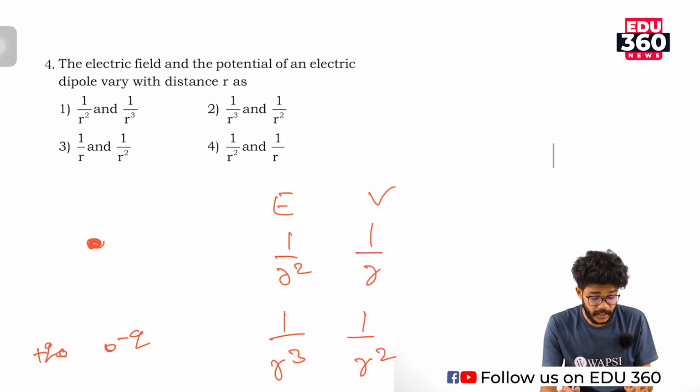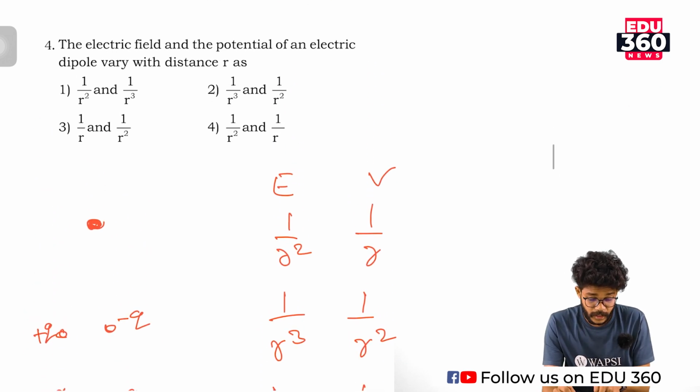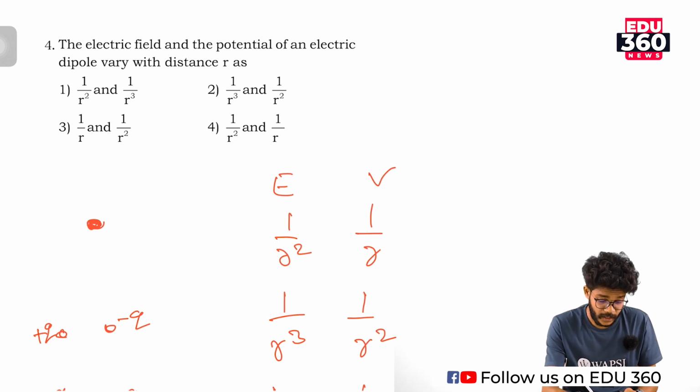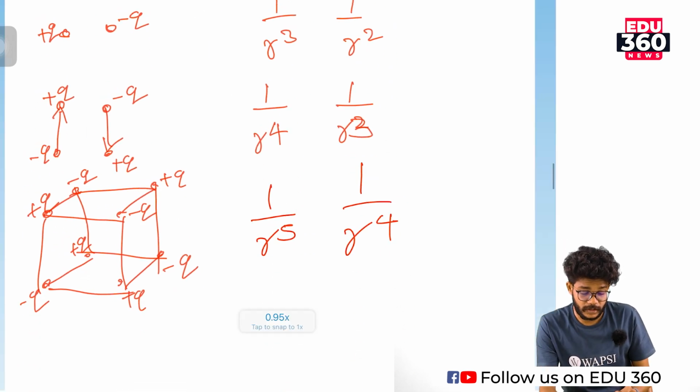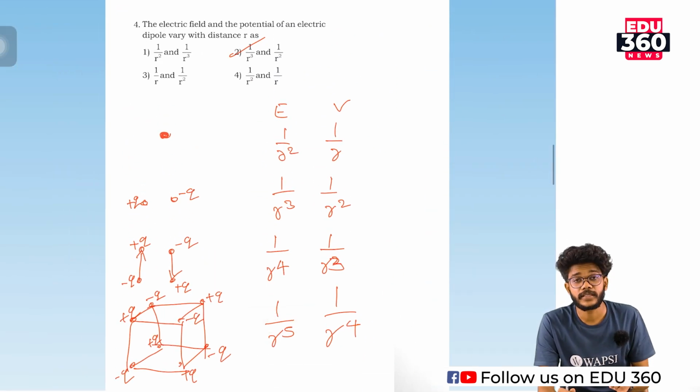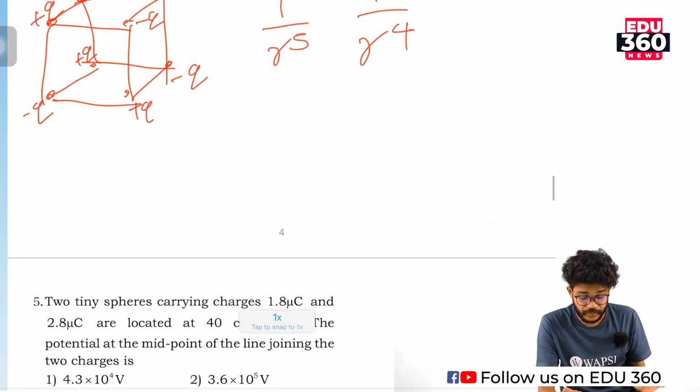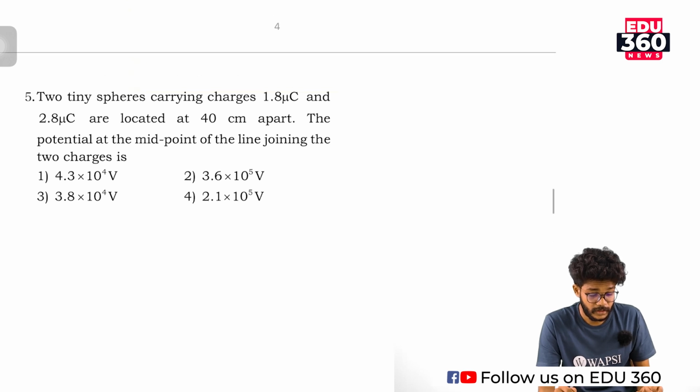So for the dipole, the electric field is 1 by r cube and the potential is 1 by r square. So option 2 is the correct answer. You must study this data, this will help you in the exam. Then we can move to the next question.